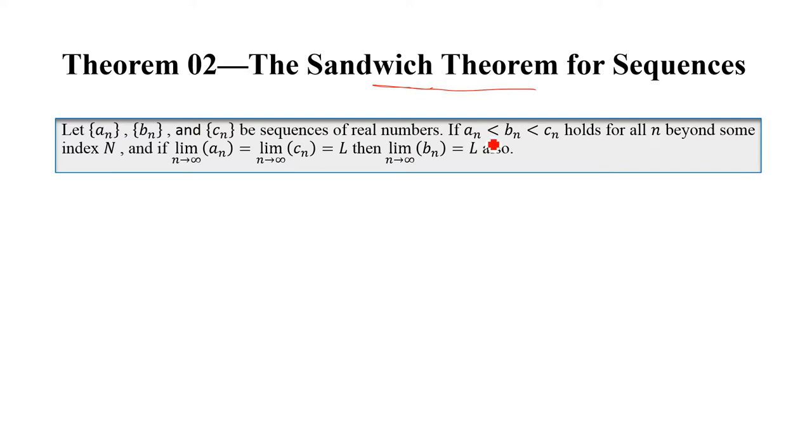If b_n lies between a_n and c_n, that is, the nth term of b_n lies between the nth term of a_n and the nth term of c_n for all n beyond some index N, that is n greater than N, and if the limit of a_n as n approaches infinity, that is the limit of the left sequence, and the limit of the right sequence are both equal to L, then we conclude that the limit of the central sequence b_n is also equal to L.